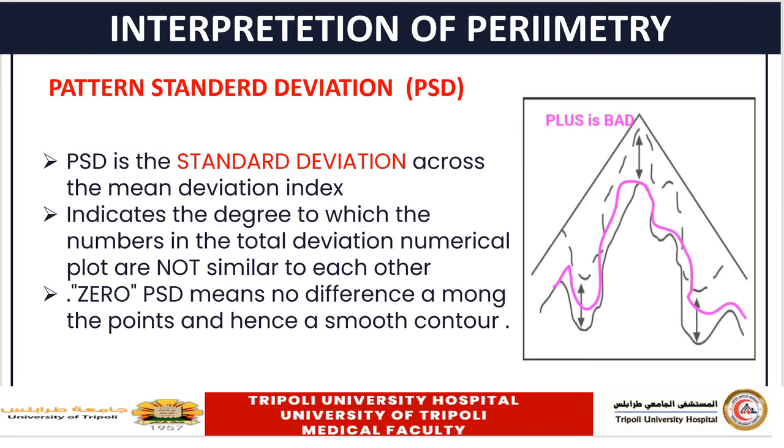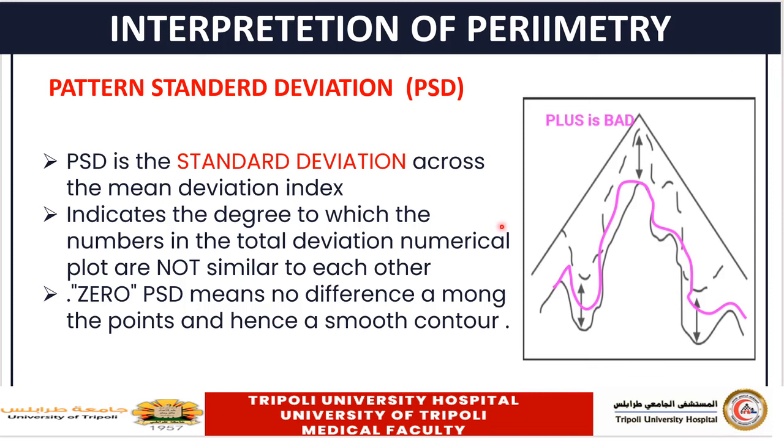The next thing is the pattern standard deviation. The pattern standard deviation represents the focal irregularity in the hill of vision. It is the standard deviation of the total values of the total deviation numerical plot. So it indicates the relation between these values, and whether there is homogeneity between these values.